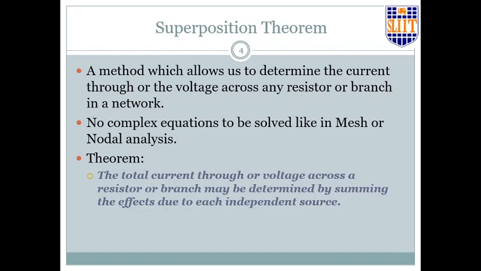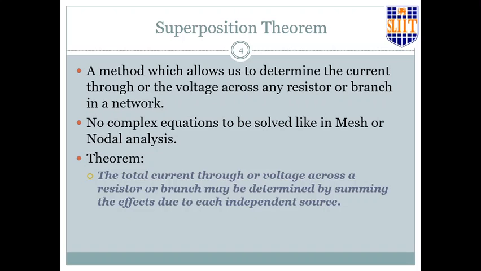When you use mesh analysis or nodal analysis, we have to use multiple equations and solve them, as you saw last week. That is not necessary in this case. The theorem says the total current through or voltage across a resistor or branch may be determined by summing the effects due to each independent source.